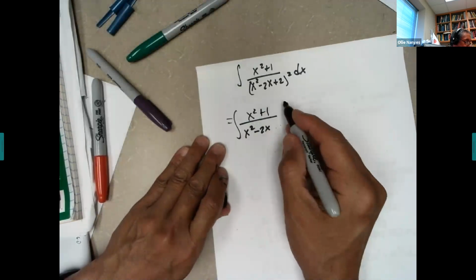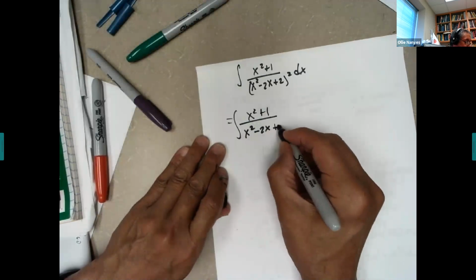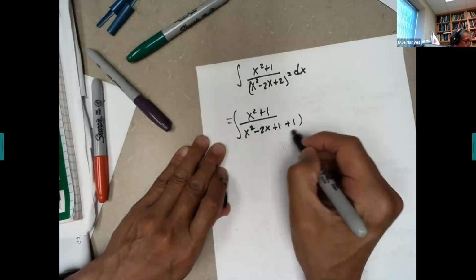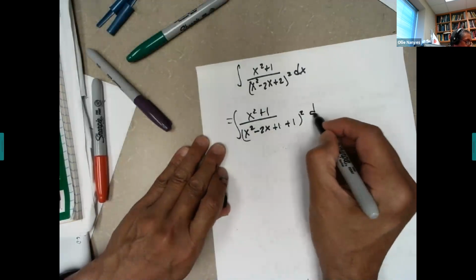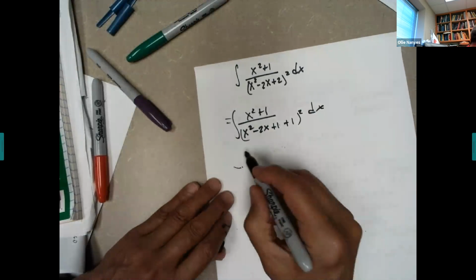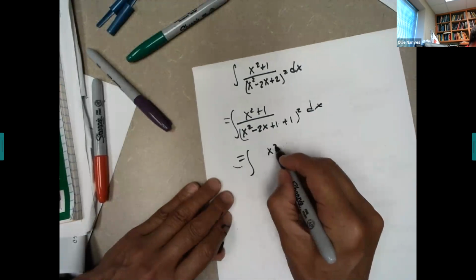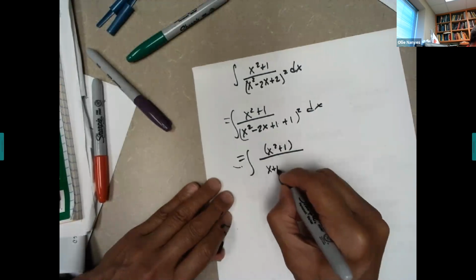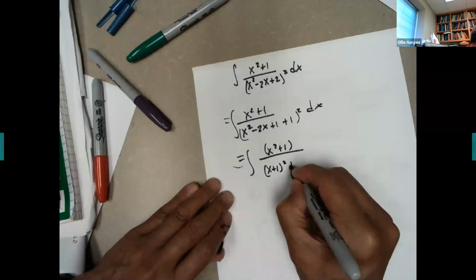Take half of 2, which is 1, squared, you get 1. You still have 1 left over. So this is now x squared plus 1. There we have an x plus 1 squared plus 1.